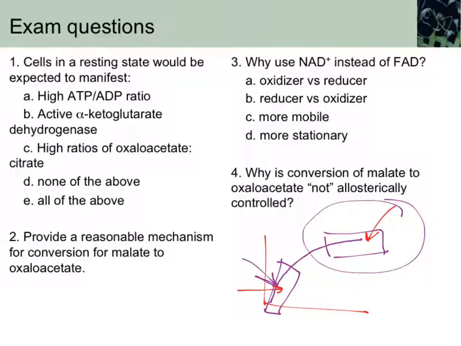Our oxaloacetate concentration goes up. Well, if it's up, I need to do something with it. Same idea with ATP. Do we really want a ton of a high energy molecule just chilling inside our body? No. We want to get that used and put into something useful.